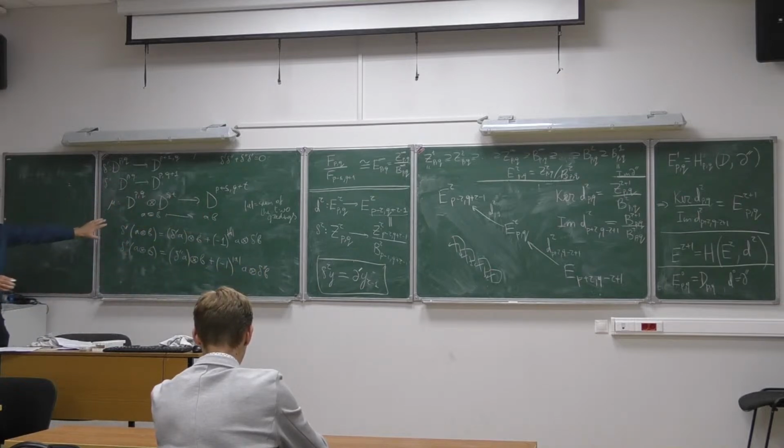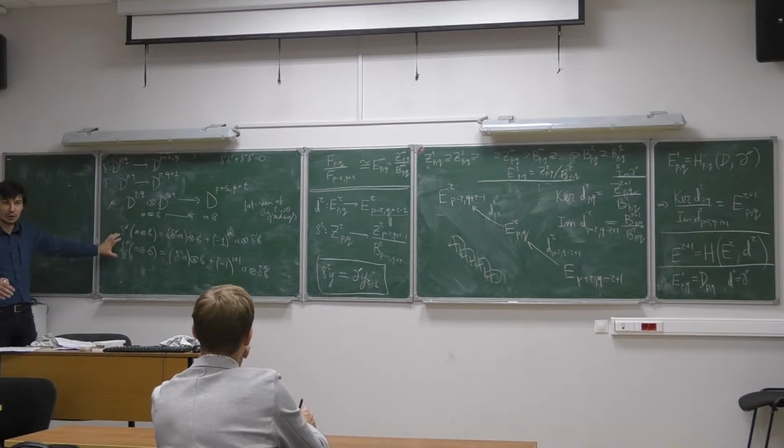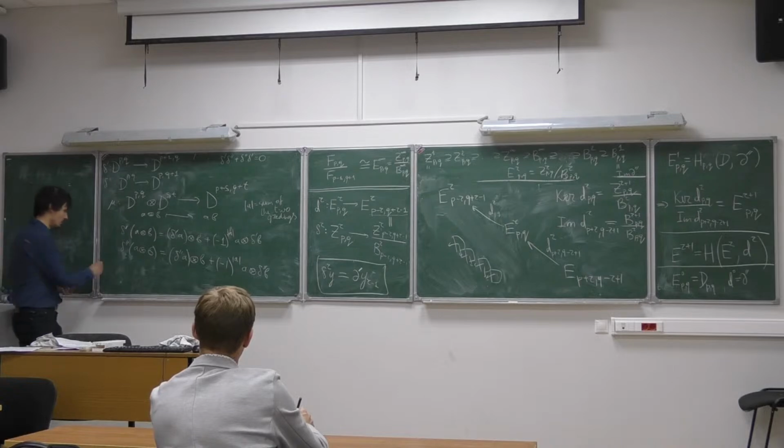Okay, so assume that we have this situation. We will see that this is actually an important situation, and we will see examples somewhat later today. But for a moment, assume that these are given data. So we have a double complex, which is a bigraded differential ring with each of the two differentials. Then, again, the total complex D is a differential ring with respect to the total differential.